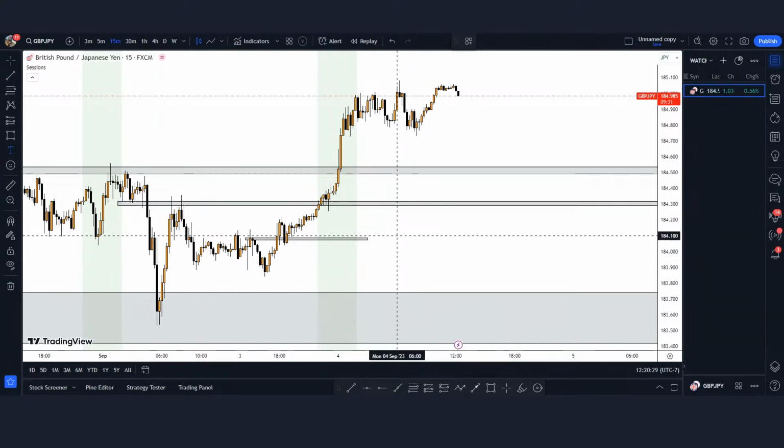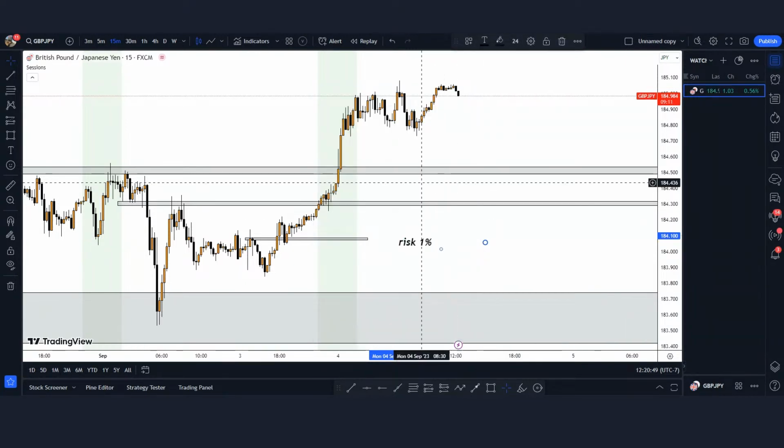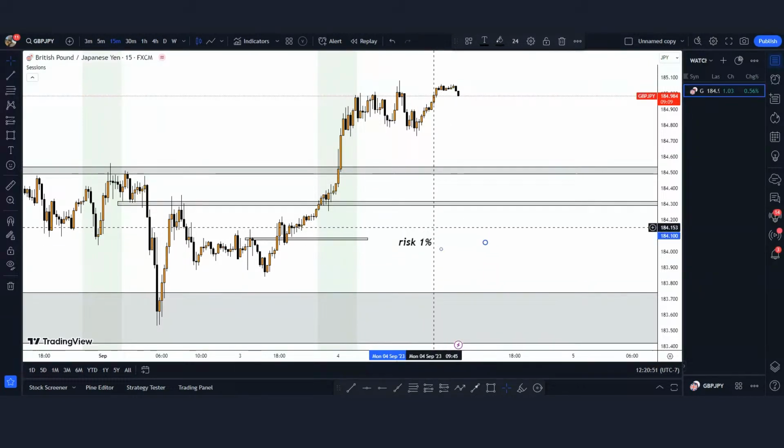So basically, let's say you're risking 1%, and this is a very, very important part of the video, so please pay attention. Let's say you're risking 1%. So my base risk is 1%. On my next trade, I'm targeting a 1 to 3.